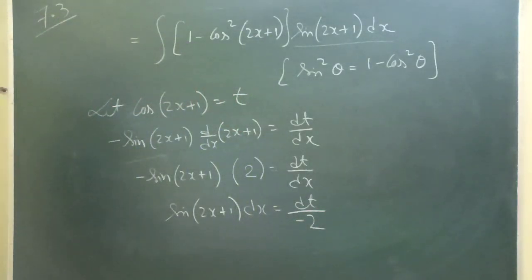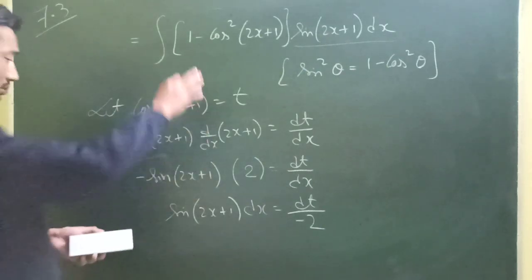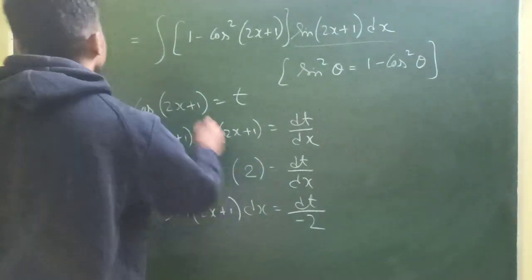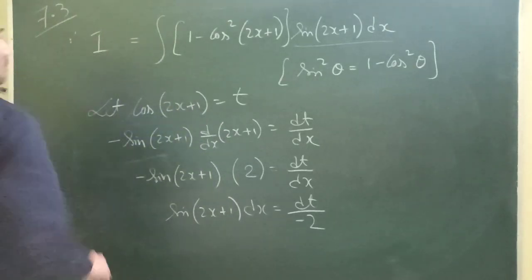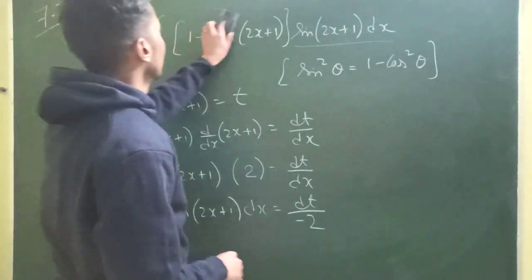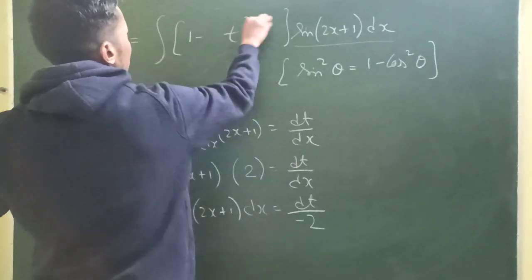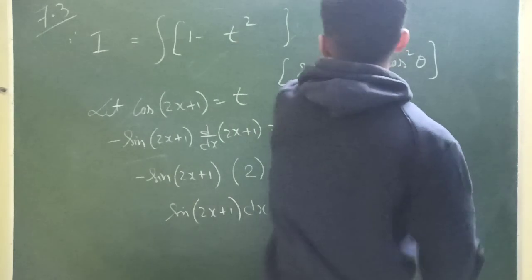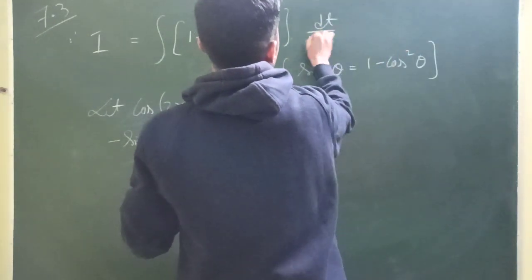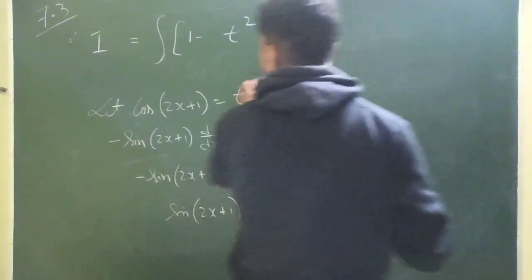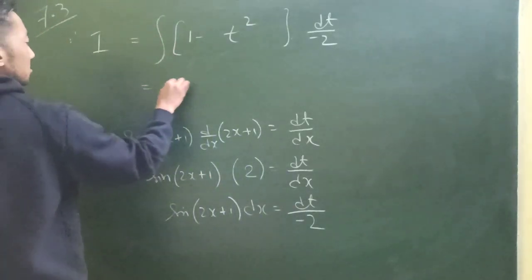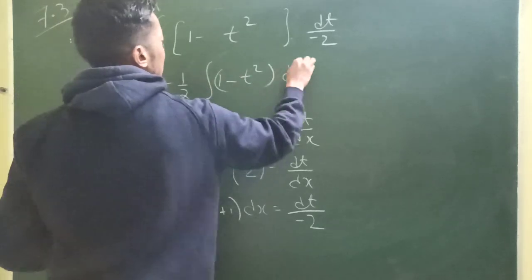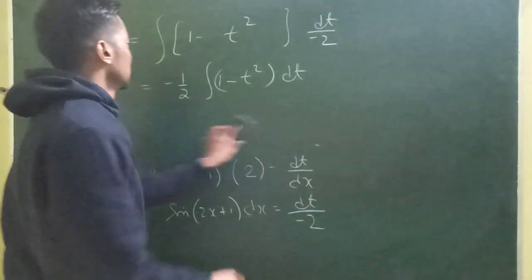Alright? Okay, so once we bring back the substitution, therefore I is equal to 1 minus t square, and this whole term becomes dt upon minus 2. So that's minus 1 by 2 integration of 1 minus t square with respect to t.